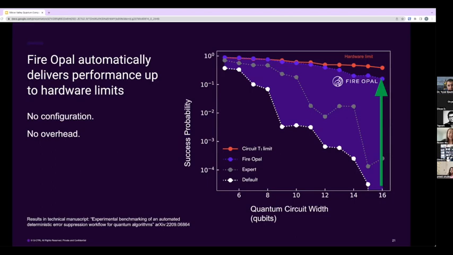And even in comparison with the expert configuration, which is using the most advanced and aggressive compilation schemes, as well as the best possible error mitigation techniques available in research and in open literature today, we see that this degradation in performance is still quite clear, and it can be drastically improved with FireOpal.